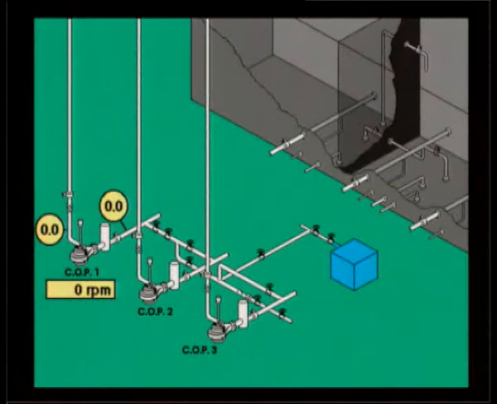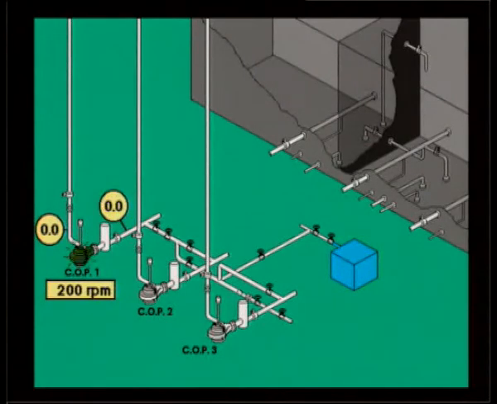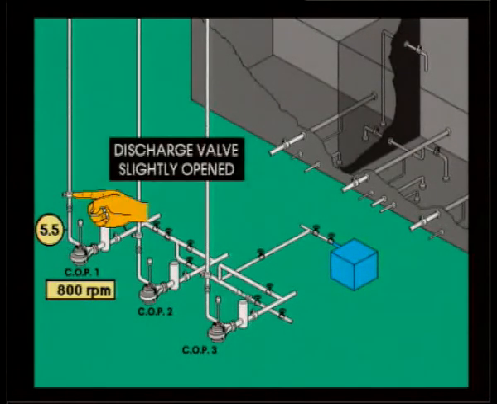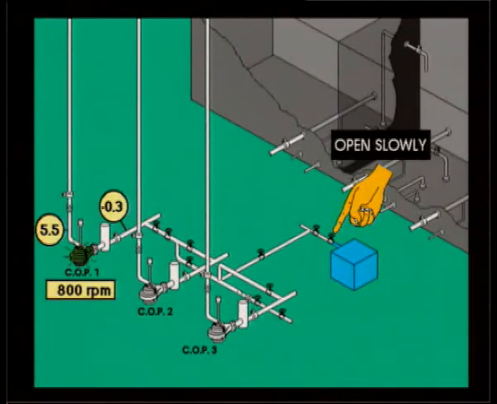The man in the pump room is standing by, and you're now starting cargo pump number 1. Everything seems to be normal, and you're speeding up the pump. The pressure at the discharge side rises, and the pressure at the suction side drops below zero as expected.